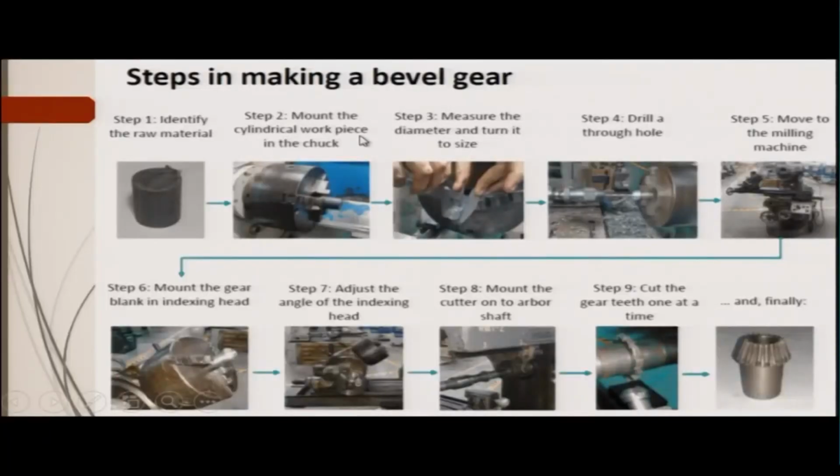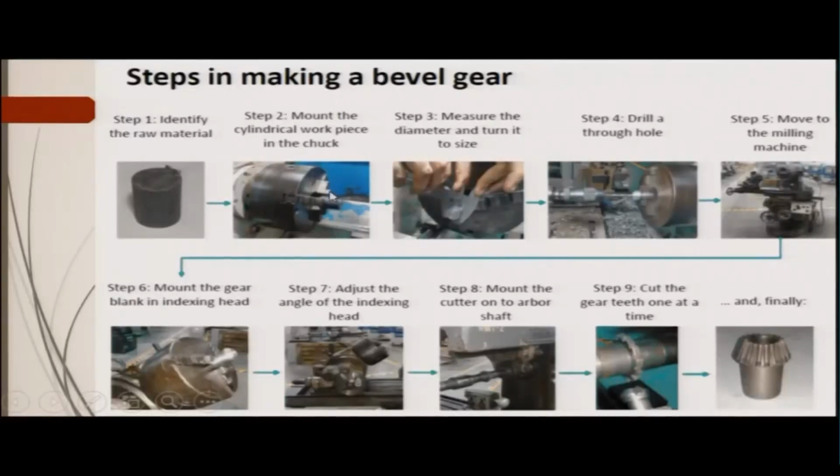Now, step 2 is to mount the cylindrical workpiece in the chuck. Since it is a cylindrical workpiece, normally we mount it on the self-centering chuck, where the center of the workpiece will be coaxial with the center of the spindle. Okay. Therefore, it is a 3-jaw chuck.